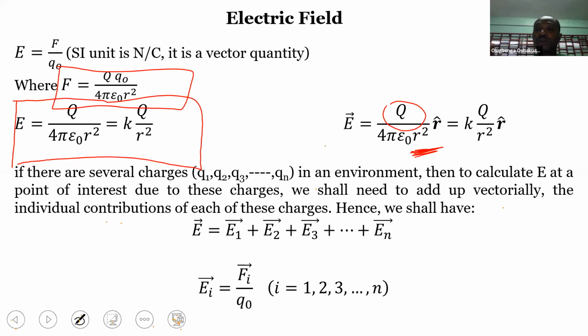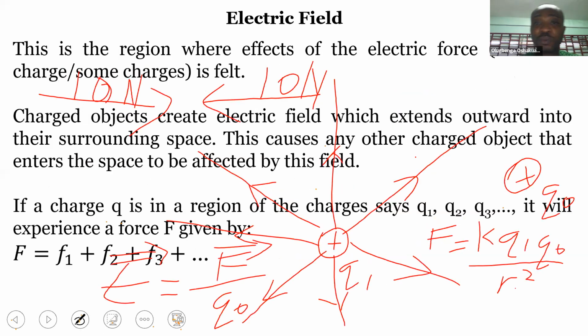So moving away from a charge, just like I showed here, moving away from this charge, the strength of this central charge reduces with an inverse square relationship as you move away.